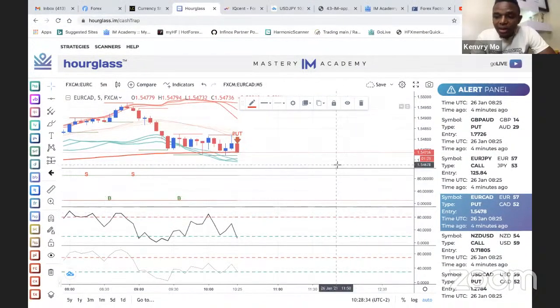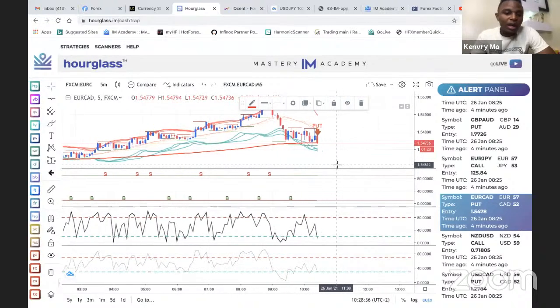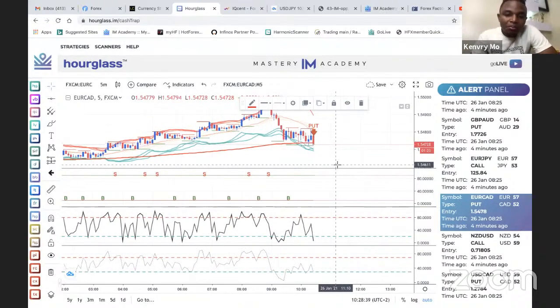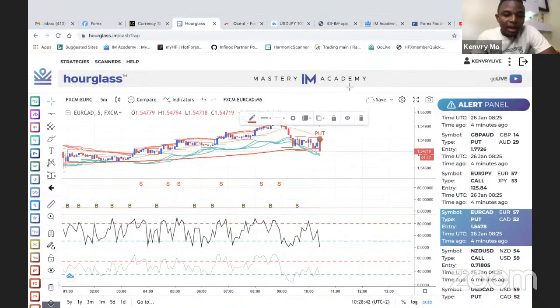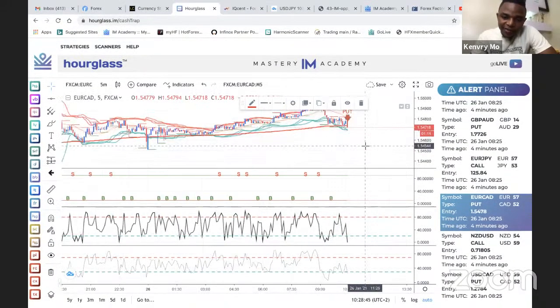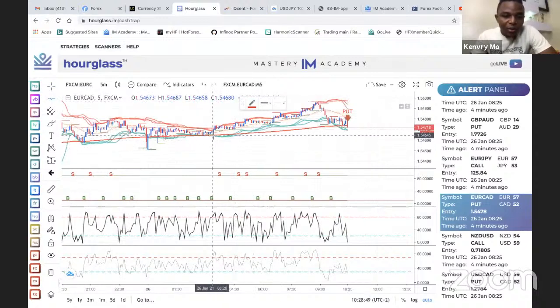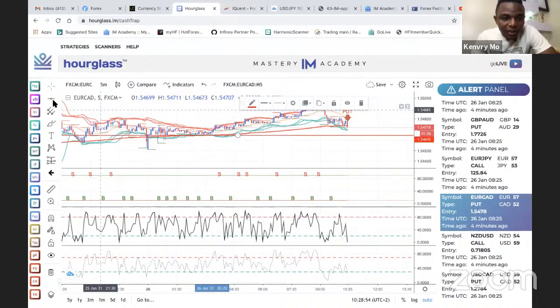So eCard should be buying where it is right now. I think eCard is a trade. Come on. This is touching a very strong point of the market. This was a floor. Here was the floor.